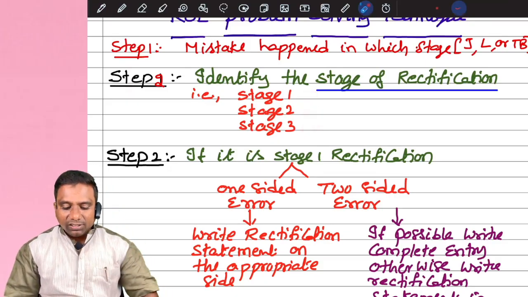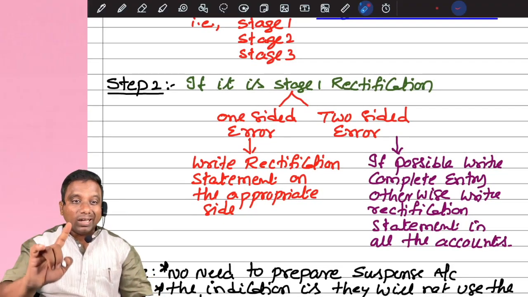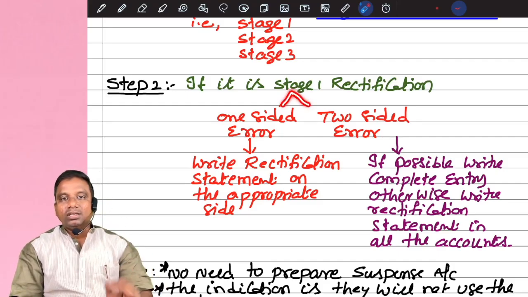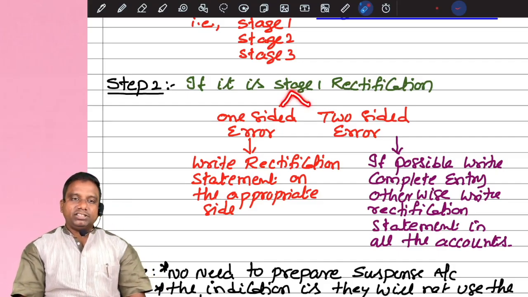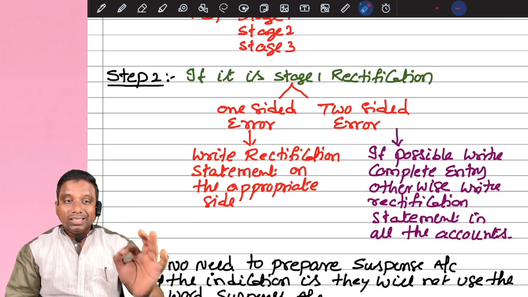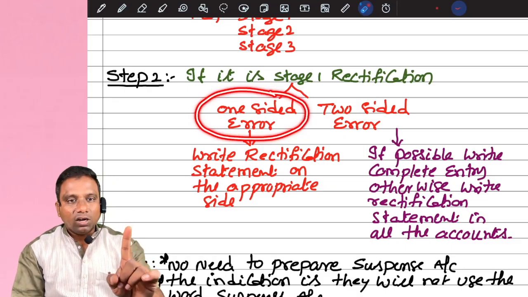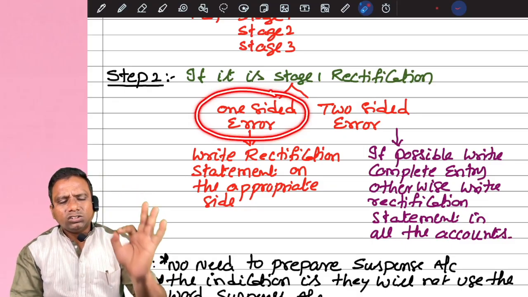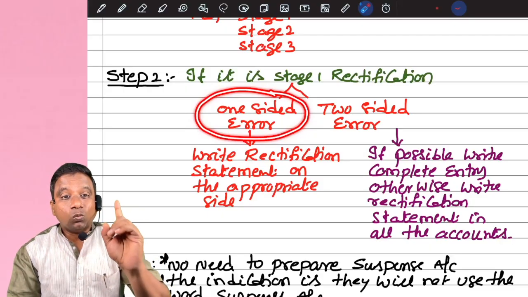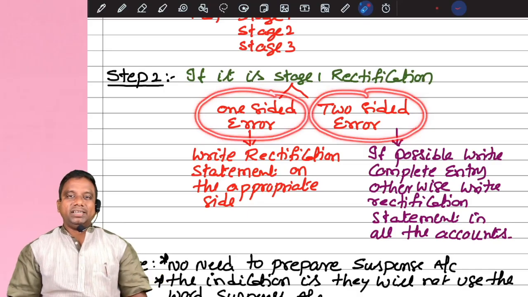If the mistake is identified in stage 1, very important, students, observe. If you are rectifying the error in stage 1, then first you have to check whether the error is affecting one account or two accounts, one-sided or two-sided.